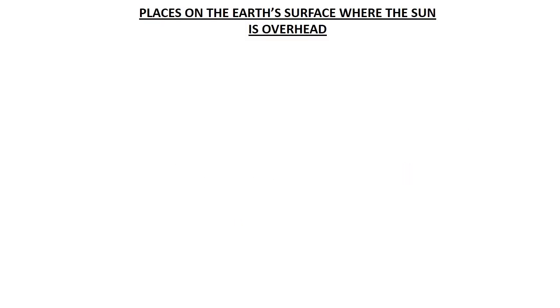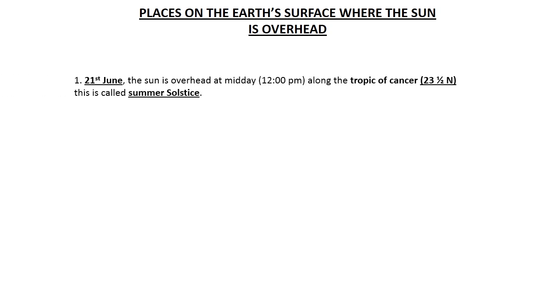Places on the earth's surface where the sun is overhead. On 21st June, the sun is overhead at midday, 12 p.m., along the Tropic of Cancer, 23 and a half degrees north.